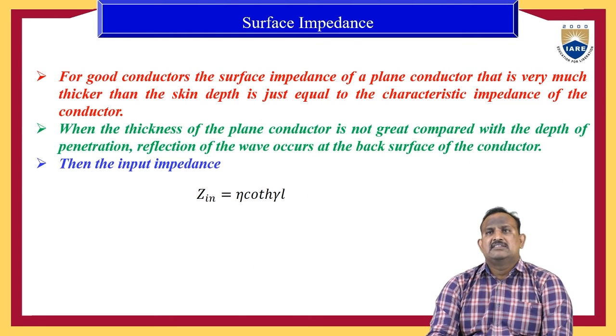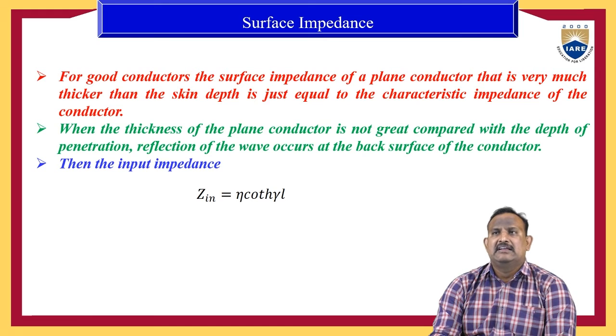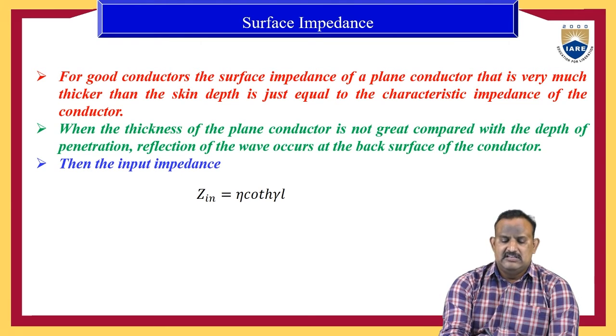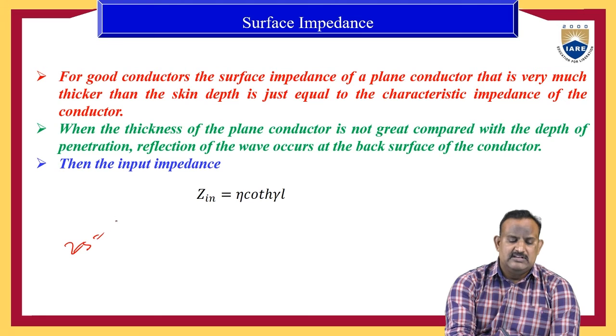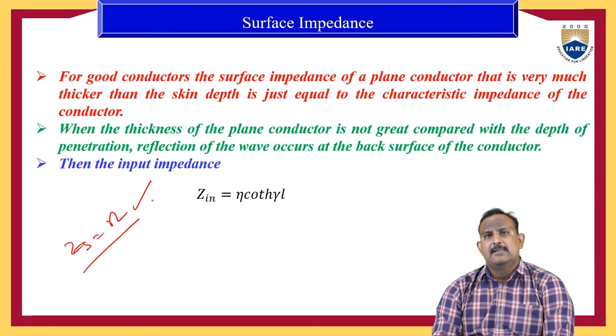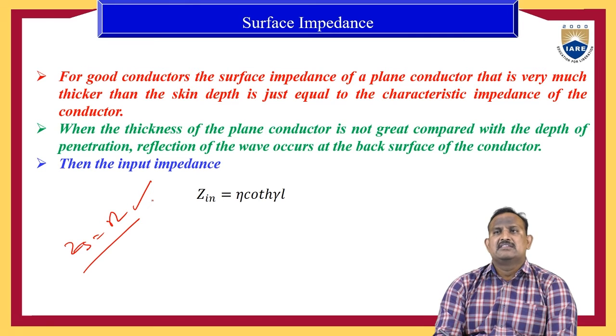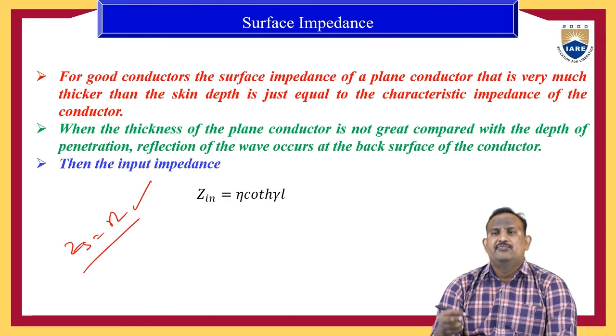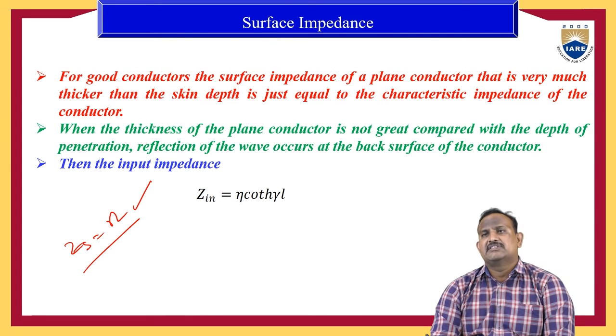So for good conductors, the surface impedance of a plane conductor that is very much thicker than the skin depth is just equal to the characteristic impedance of the conductor. It means Zs is equal to eta, characteristic impedance or intrinsic impedance. So when the thickness of the plane conductor is not great compared with the depth of penetration, the reflection of the wave occurs at the back surface of the conductor.